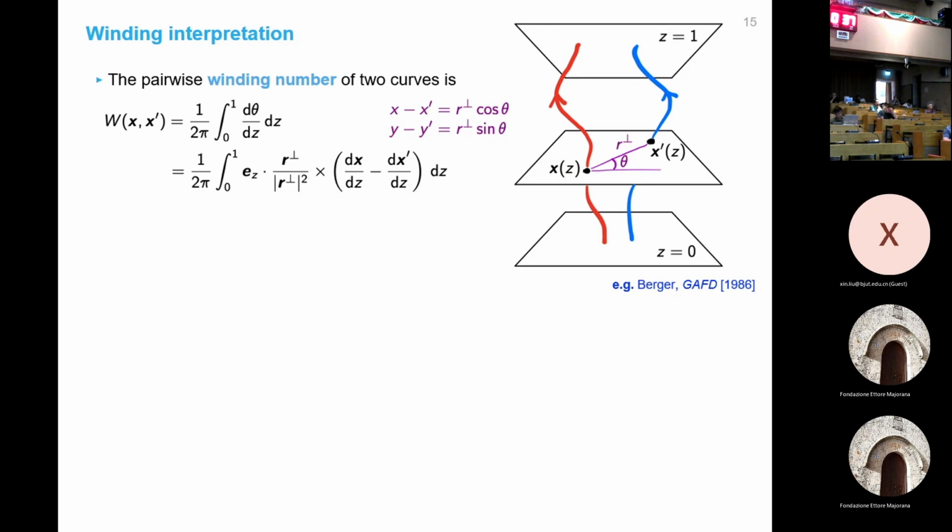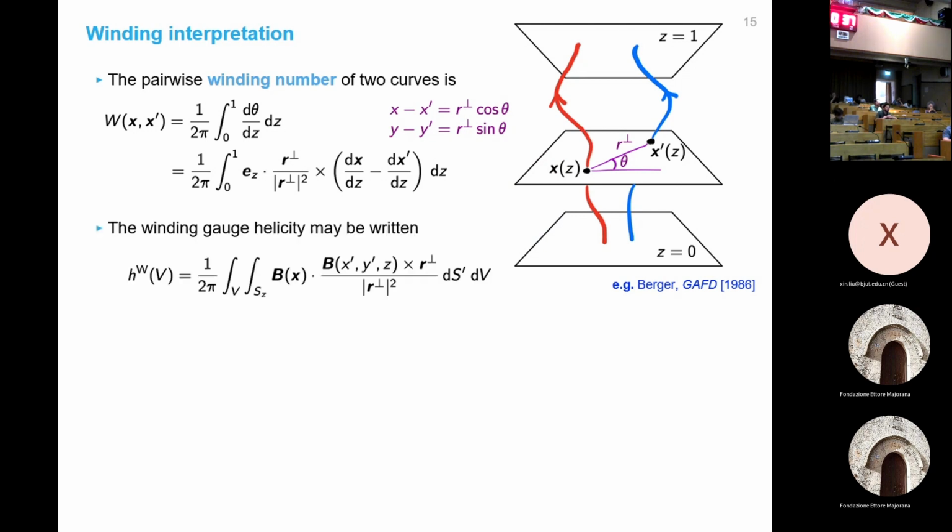Now, if you do some algebra, you can rewrite this in a more complicated looking form in terms of this R perp, the distance between X and X primed. And that's going to allow us to relate it to the helicity. In the winding gauge, you plug in your 2D Biot-Savart formula, and you get some expression.